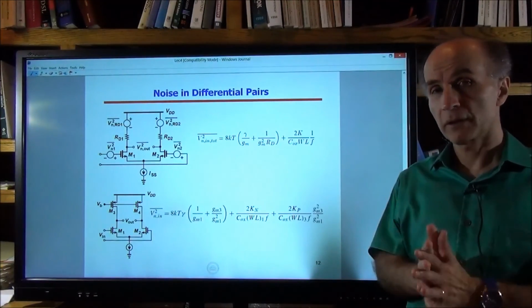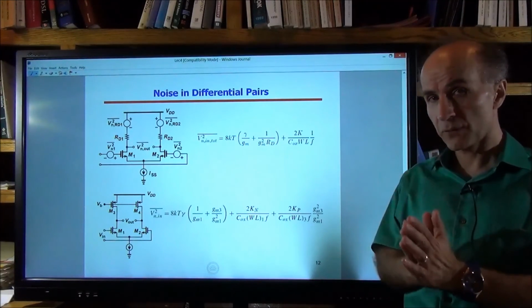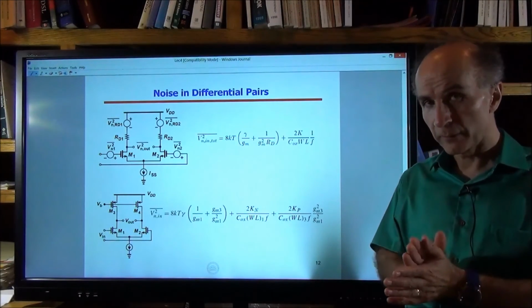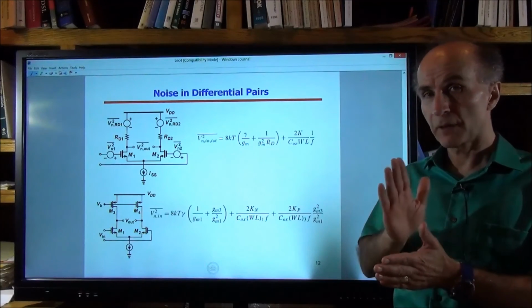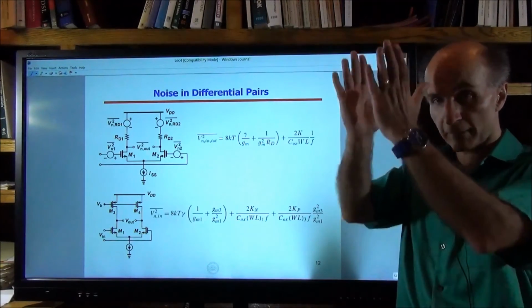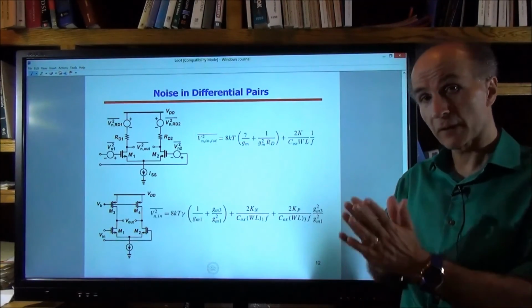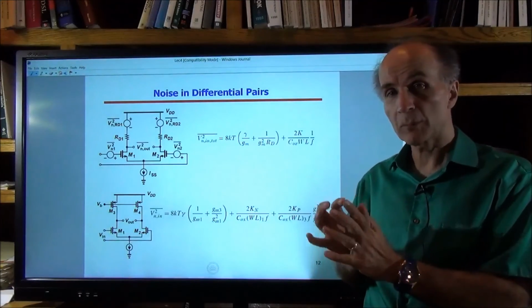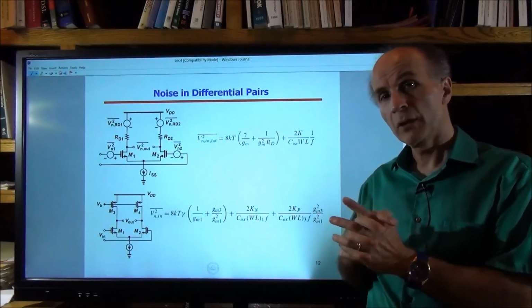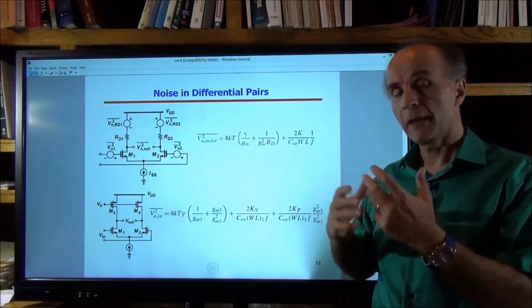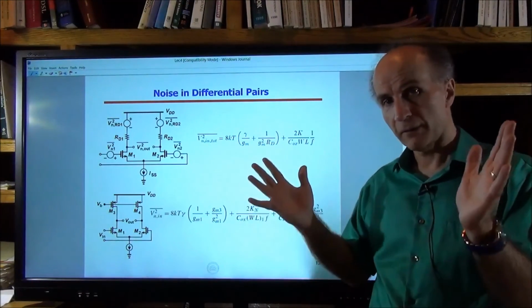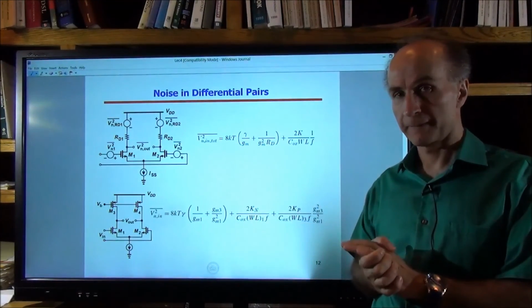So we can draw a general conclusion. For a differential circuit, what we can do is define the input referred noise voltage of half of the circuit, the spectrum of it, and then we multiply that spectrum by a factor of 2 to find the overall input referred noise voltage of the entire differential circuit.